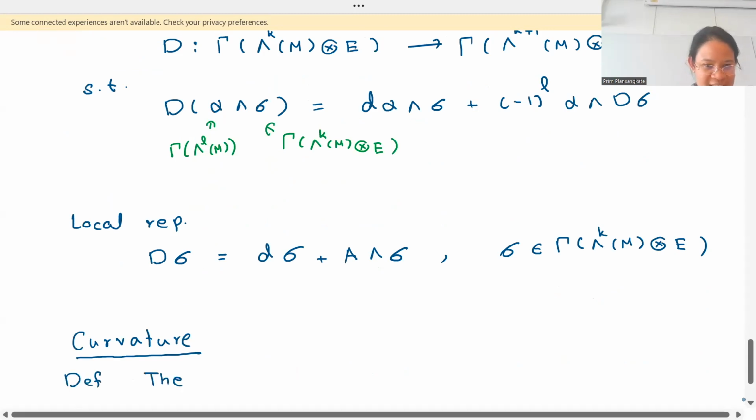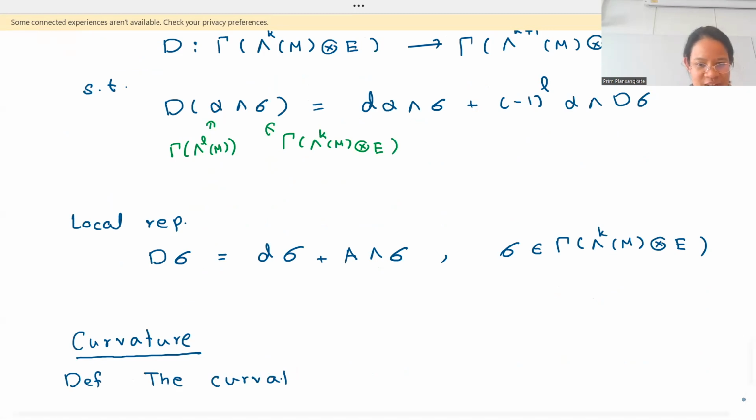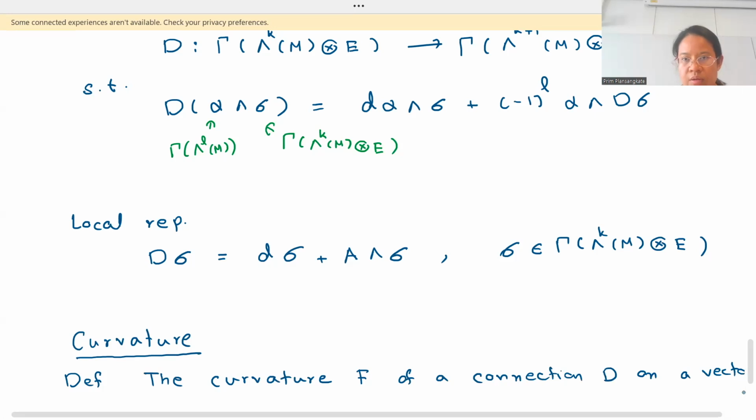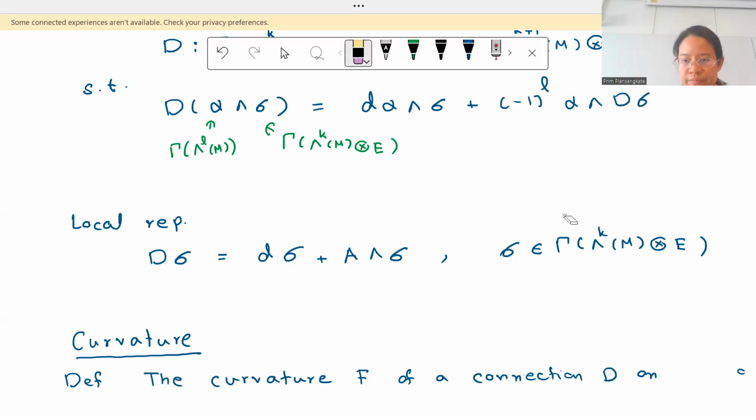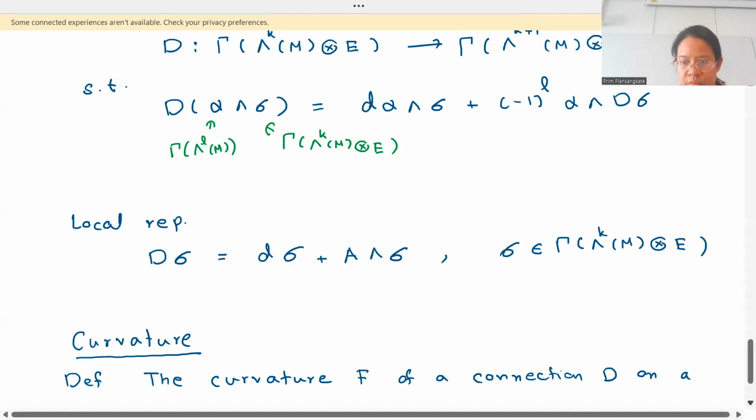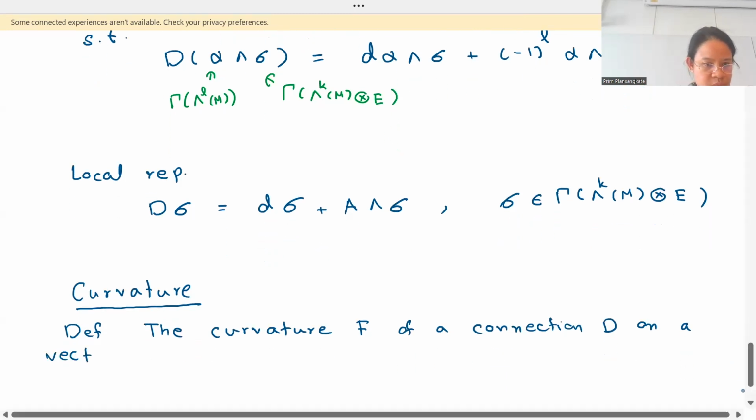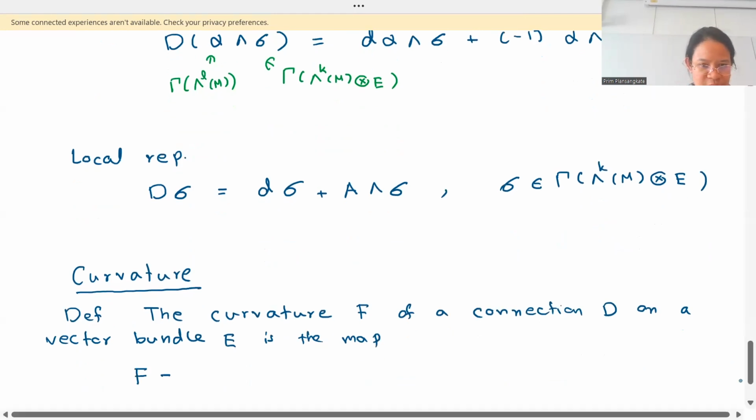I have previewed briefly that the curvature, I use the symbol F, of a connection D on a vector bundle E. So it is the map F, which is just the square of the connection.